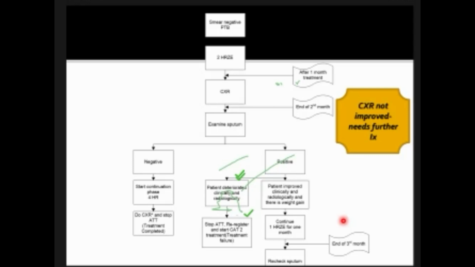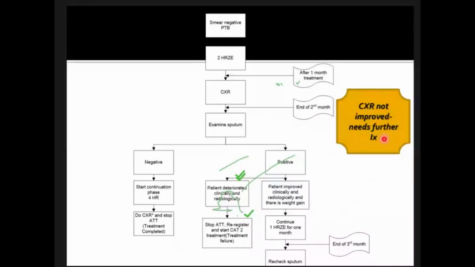We start them on 2 months of HREZD, and we review their chest X-ray at 1 month and 2 months. If there is no response, you need to review the diagnosis. You need to go for further investigations. You need to think of other causes, maybe malignancy complicating TB, or maybe malignancy alone and not TB. And these sort of patients we also see quite often.